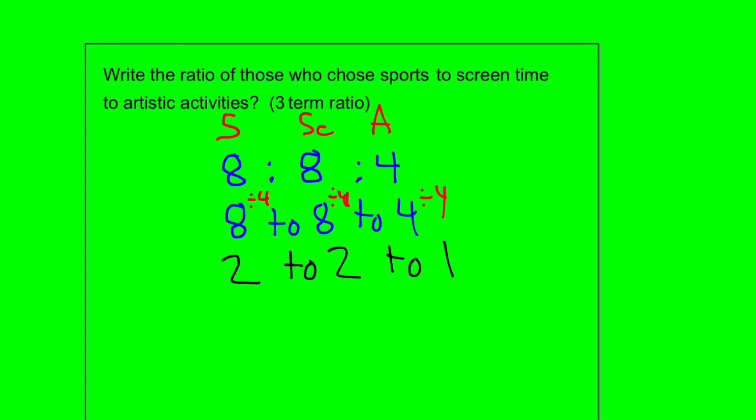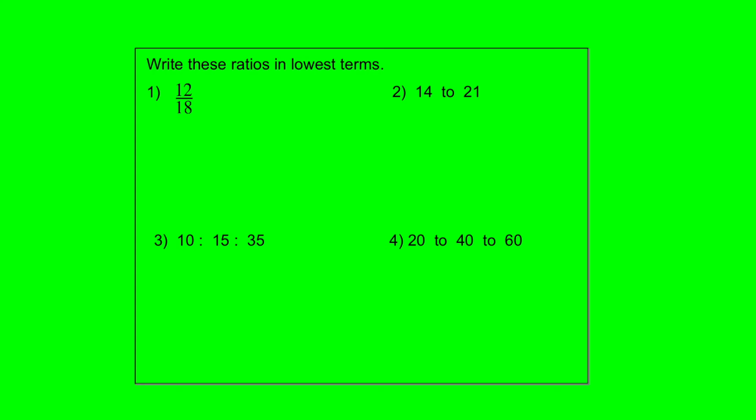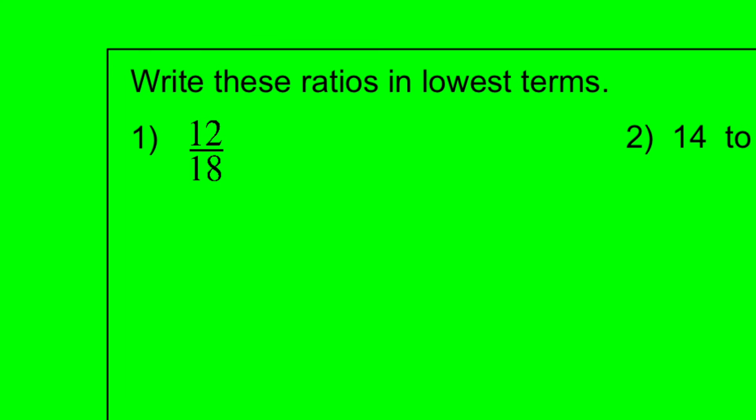So that's just a little introduction to ratios. Ratios are used to make comparisons, and there's different kinds of ratios. There's part to part and part to whole. And then it's just important that we can write ratios in lowest terms, no matter what form they're in. So if you look at this one in number 1, we're going to write each of these ratios in lowest terms.